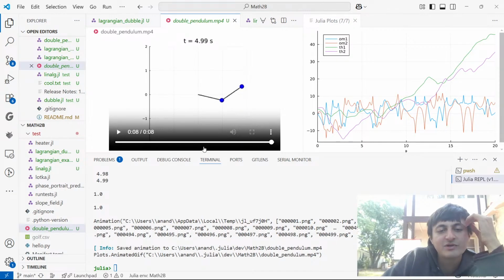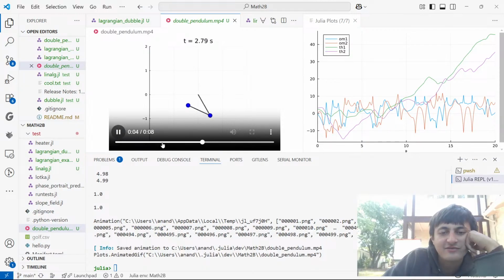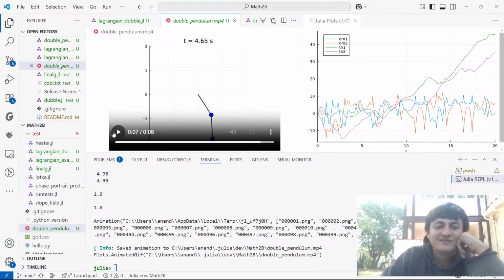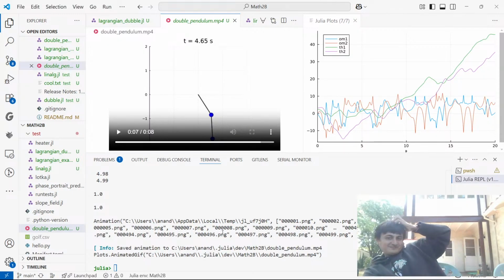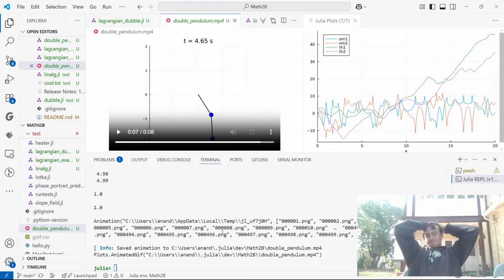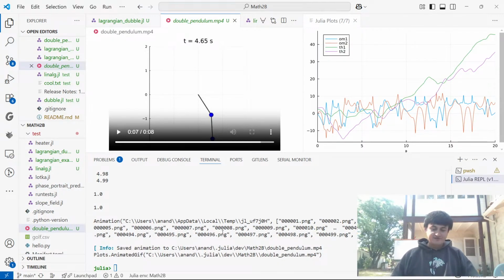I don't know, it looks pretty accurate, but there is that weird part at 7. Dude, I can't tell, man. I feel like it's right. Honestly, I feel like it's probably right.